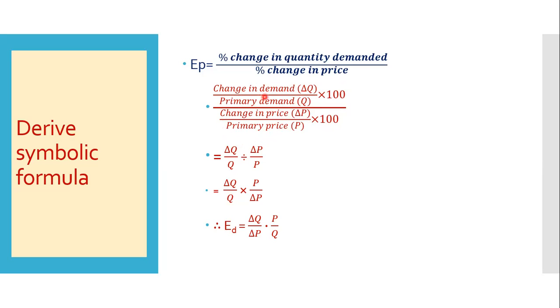So here we find del Q by Q, and this is divided by del P by P. In the next step I have changed the division into multiplication, so del Q by Q is multiplied by P as numerator and del P as denominator. Then we rearranged it nicely as del Q by del P on one side and P by Q on the other side. So price elasticity equals del Q by del P into P by Q.